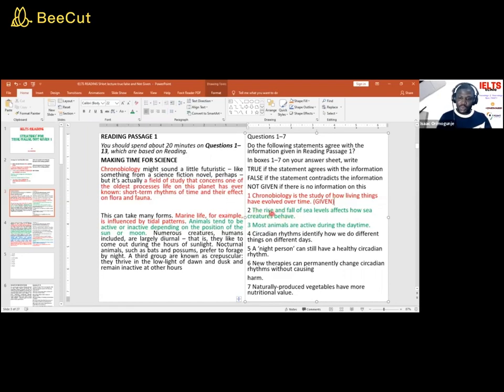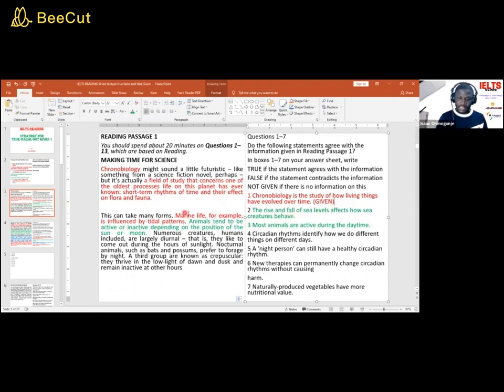This one says the rise and fall of sea levels affect how sea creatures behave. That is, sea level affects the behavior of sea creatures. It's trying to evaluate the rise and fall of sea level and how it affects sea creatures.